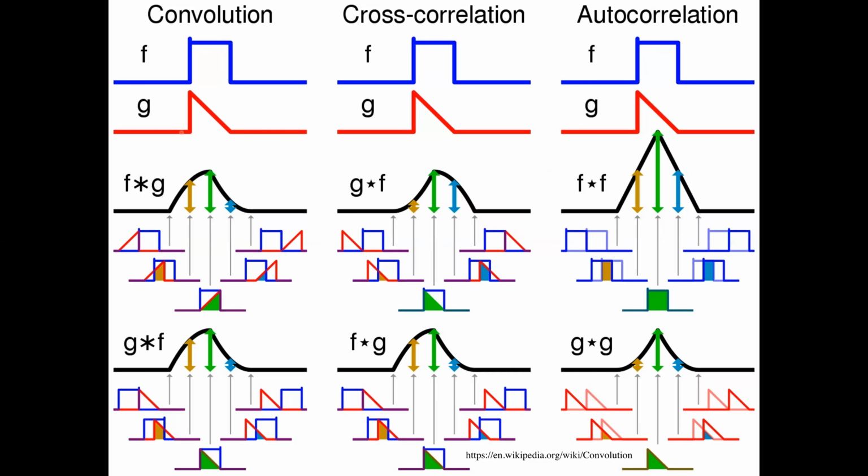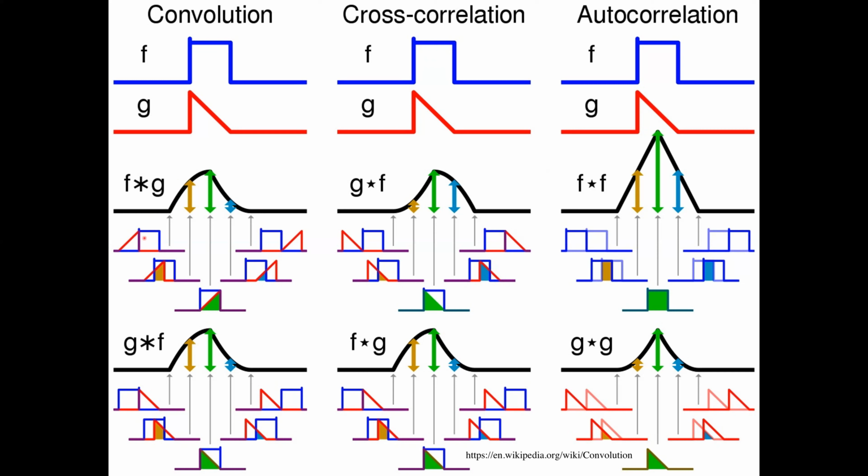You flip g around, if this is the x-axis, we flip it around the x-axis such that it is reversed, and then you pass that reversed version of g across f, and at each click that you pass across f, you calculate the product of the two functions, and you plot that as the value. And so you get, in this case, something that looks like this.